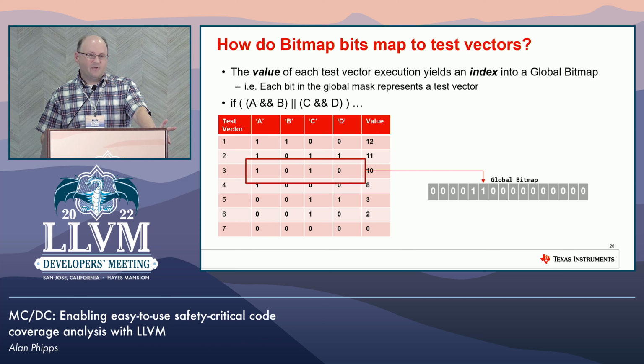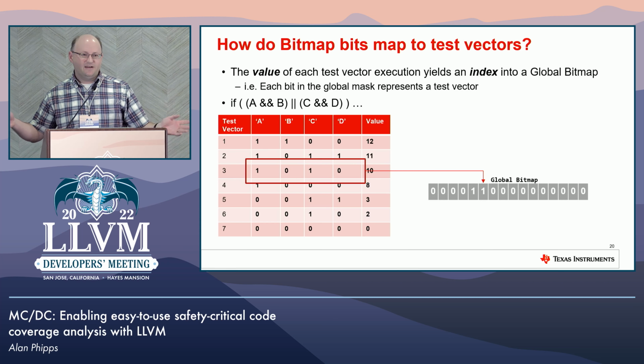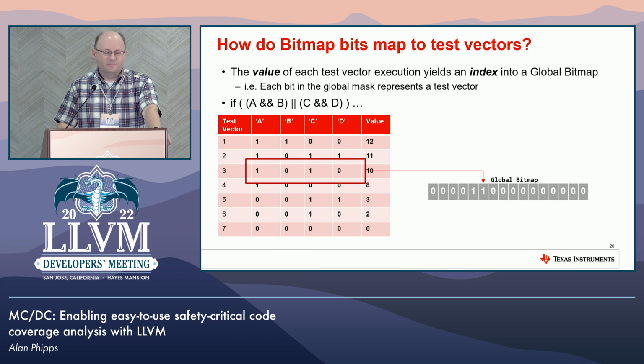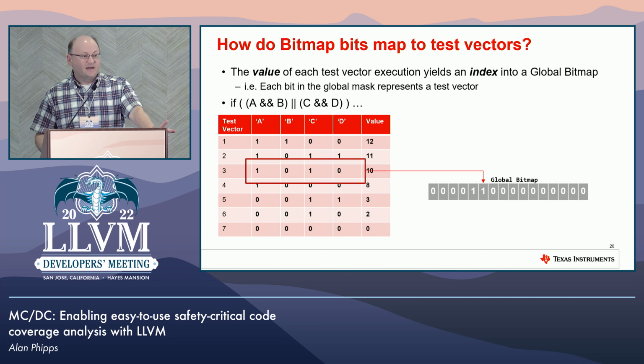And across all of the Boolean expressions in a function, across all the functions, that data can just be glommed together as one large bitmap. When this is actually executed during runtime, the runtime profile merging simply does a bitwise OR between the bitmaps to accumulate the data. So there's no risk of overflow or anything like that associated with counters, for example. The prof data tool works the same way when you merge profiles.